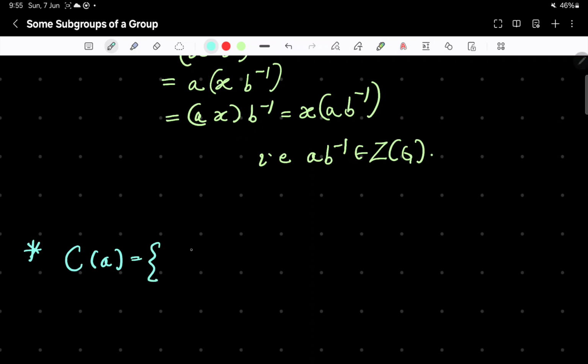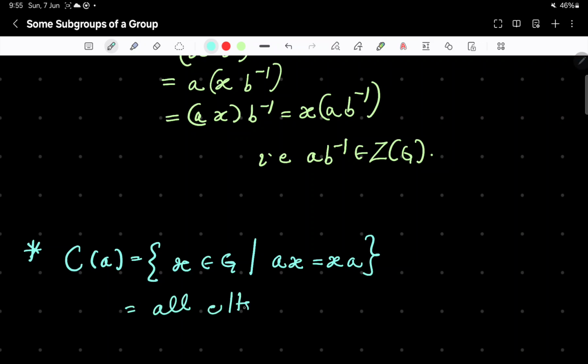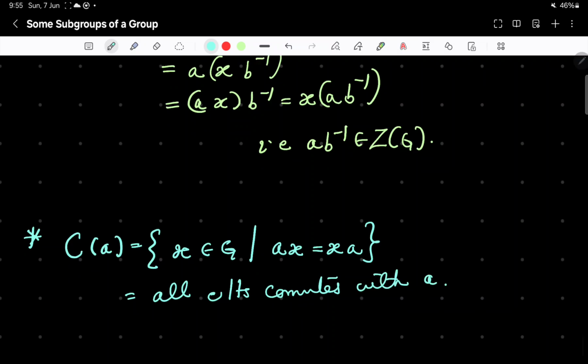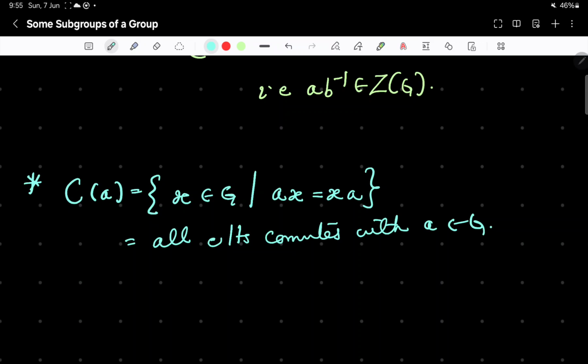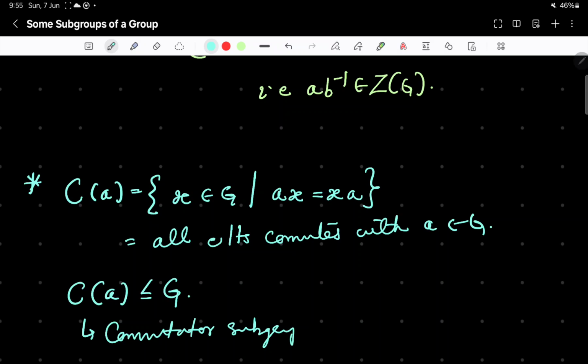So the commutator of A depends on A. It is all elements in G such that they commute with the element A, where A is an element of G. We prove that the commutator is a subgroup of G. So we call it the commutator subgroup of A in G.